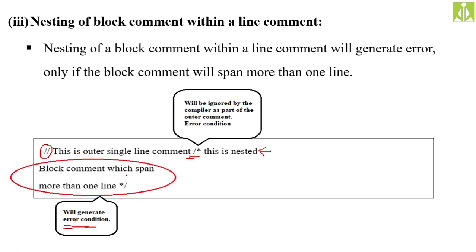Your compiler will consider them as something extra in the program which does not follow the C language syntax. Whenever you write statements which do not follow the C language syntax, your compiler will raise issues. So here you will get an error.